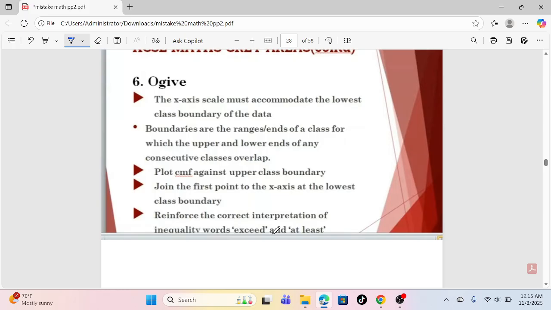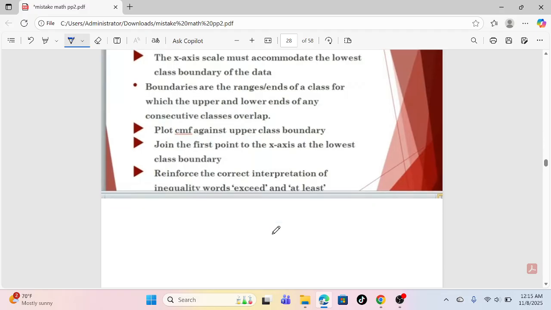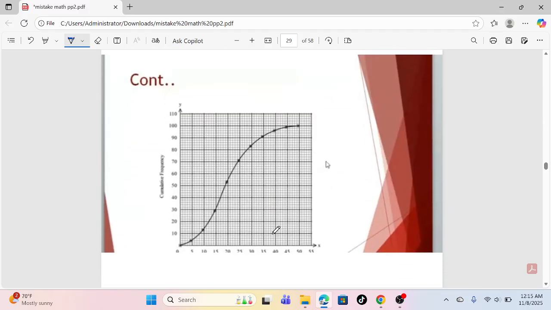Lakini limits ni ile tu unaanza 4 to 9, 10 to 14, tunaona imeanza 10, for example 5 to 9, 10 to 14, or 10 to 15. So inaanza hivyo. So that's the limit. So ogive graph lazima itoke hivi.